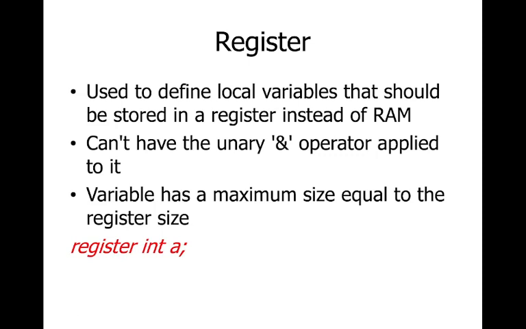But you study like this: if you use the keyword before a variable declaration, a will be stored as a register variable. And you cannot use &a, because we don't know the address of that register. Also, the maximum size won't be 4 bytes, it will be the register size. The register size may be a 32-bit or 64-bit register.